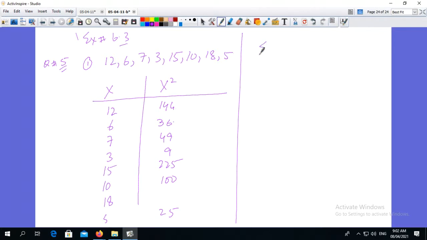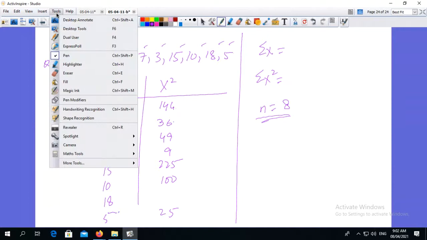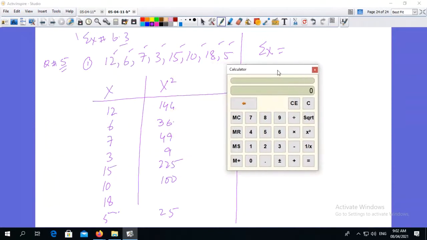Then we have summation x, summation x square and n. n is 1, 2, 3, 4, 5, 6, 7, 8, so the value of n is 8.